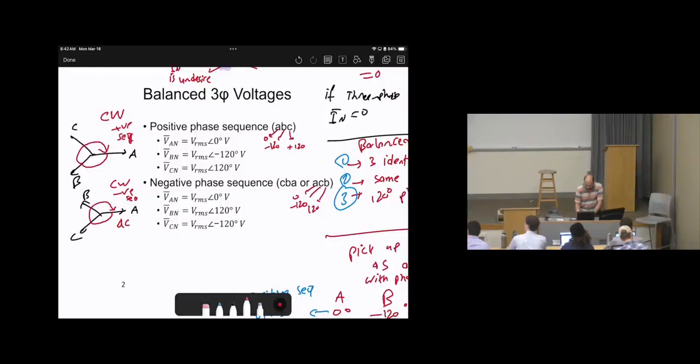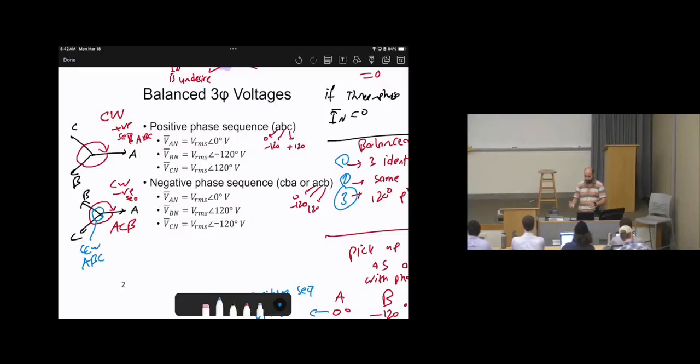A, C, B. Let me write them as upper cases. In order to get the alphabets correct, you need to travel counterclockwise to get ABC. Right? So the top is the opposite of the bottom. That's why one is called positive and the other negative sequence.